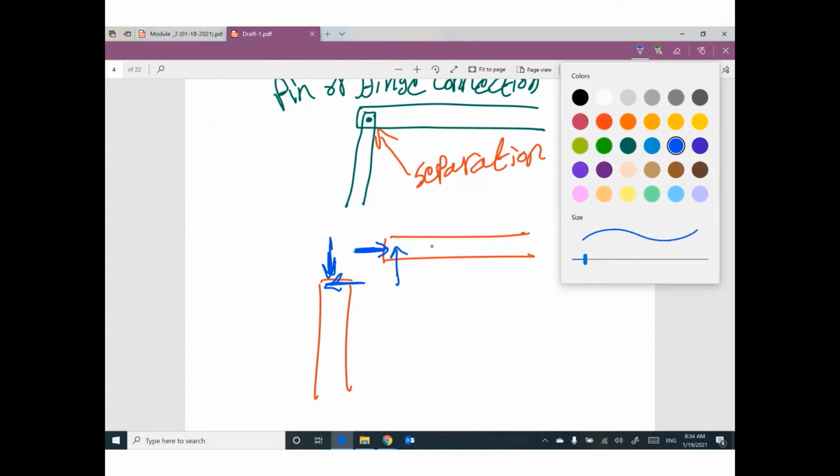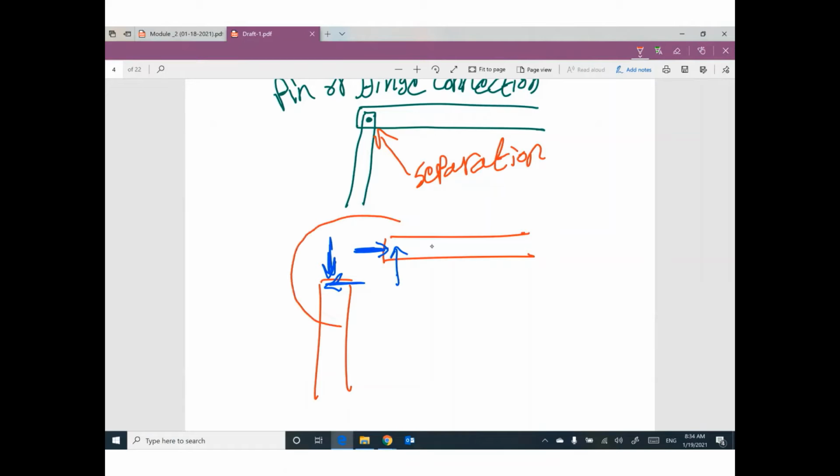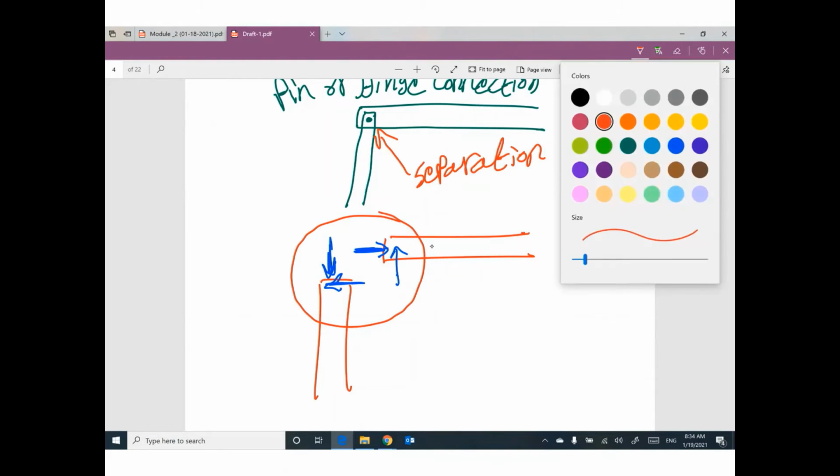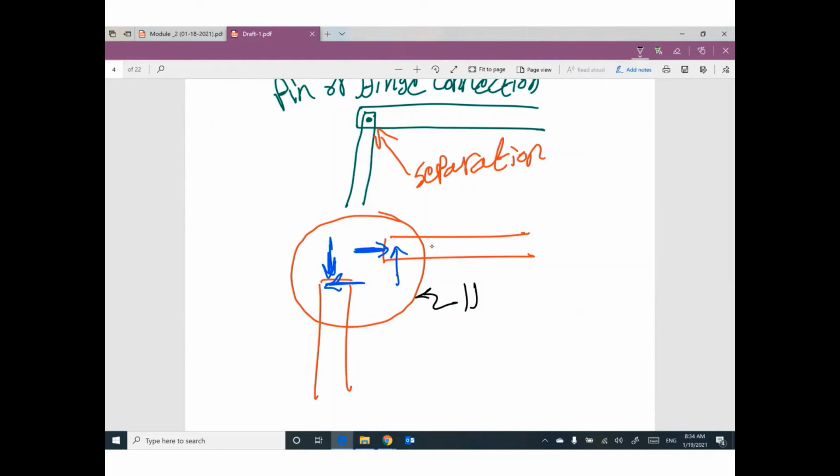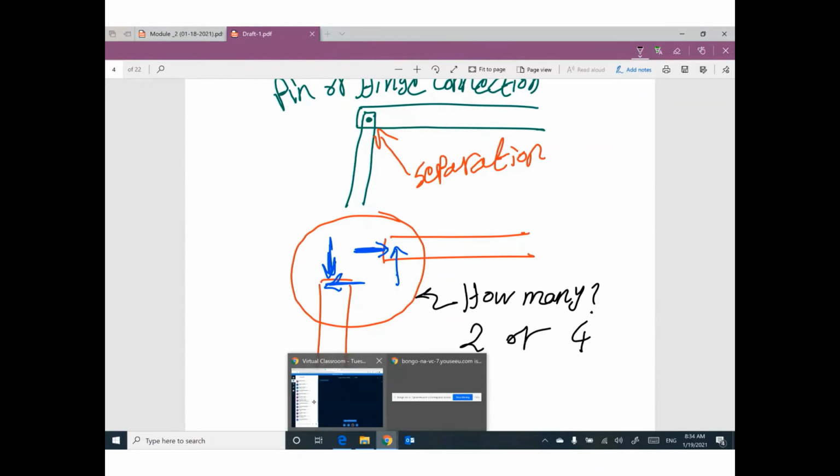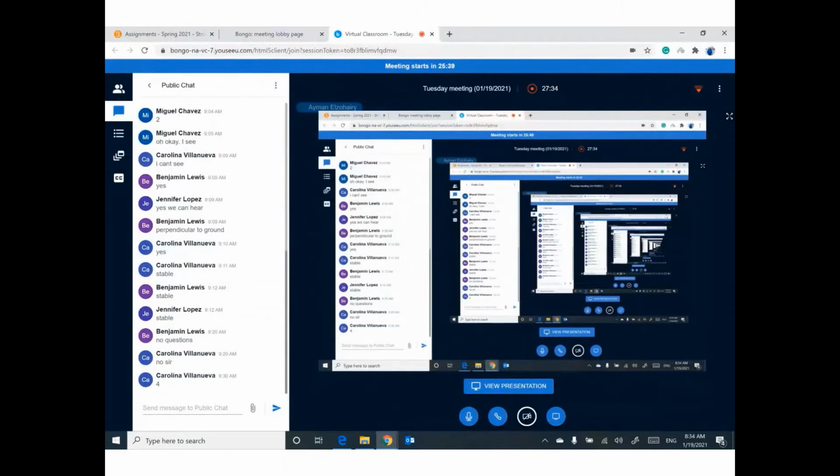That means, can you tell me how many reactions at this location? How many reactions? Is it 2 or 4? What do you think? 2 or 4 unknowns?